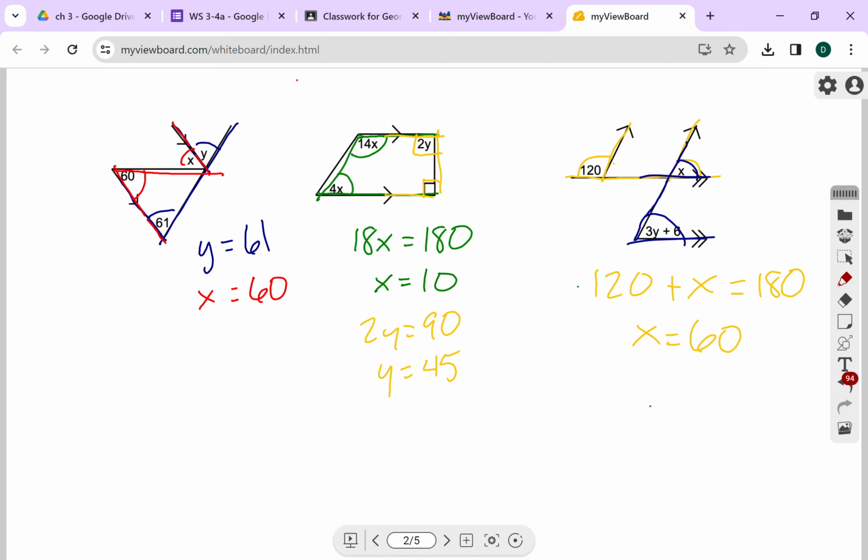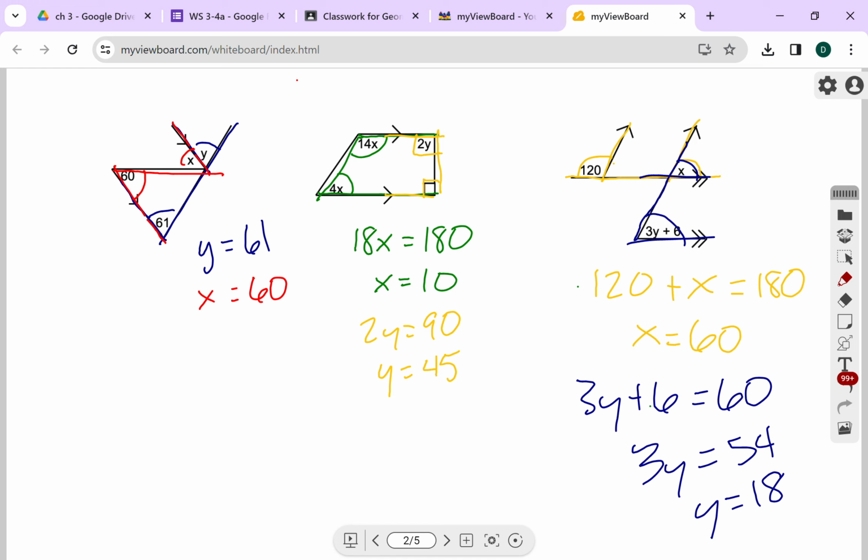So I just know that, okay, x was 60, I'll use 60 for that. 3y plus 6 equals 60. That means 3y equals 54. That means y must be whatever 54 divided by 3 is. So I believe in that case it's going to be an 18. So x is 60 and y is 18.